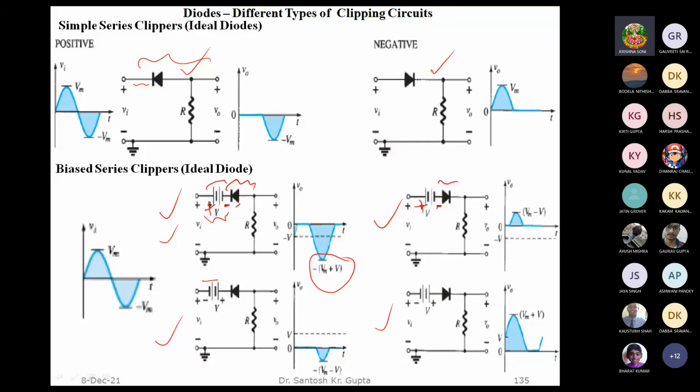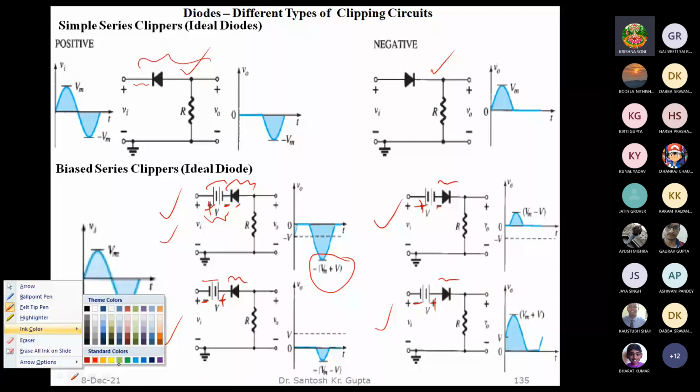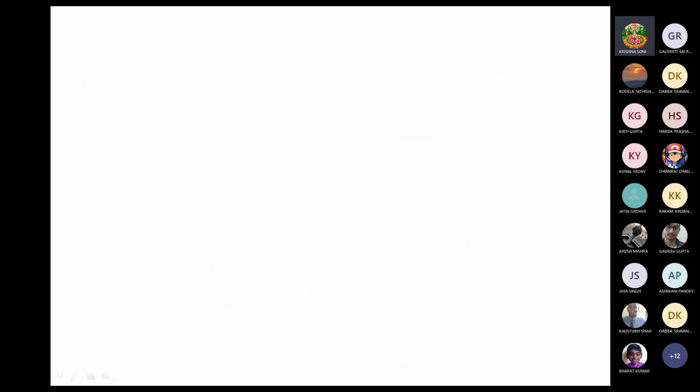Similarly, below, minus plus is here, and the diode direction is reversed. So all these four cases are similar; only all the permutations and combinations are shown here. We can have only these four connections in the series clippers. Let us take a case here.